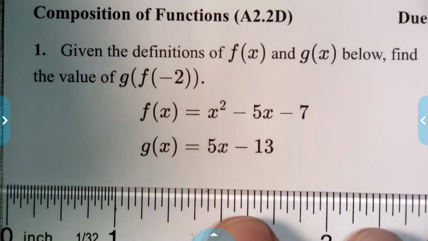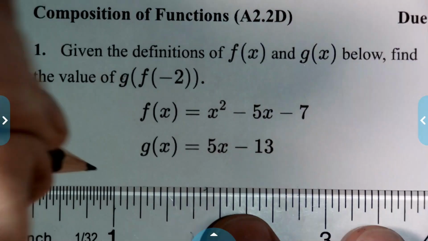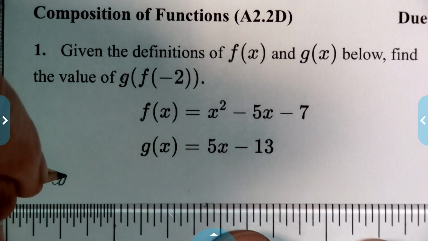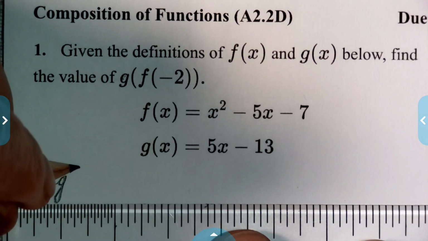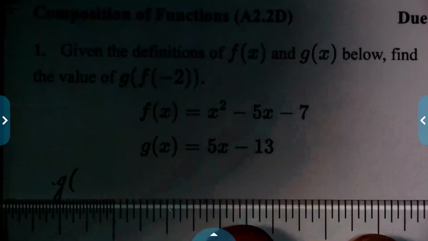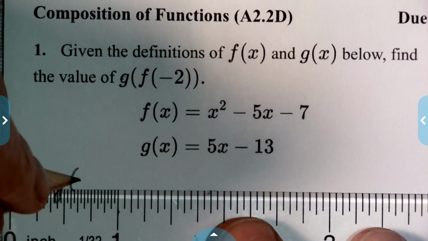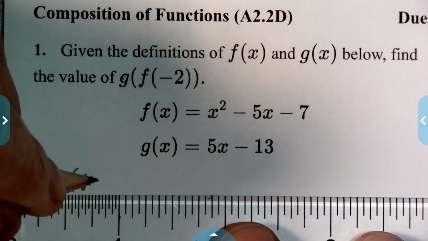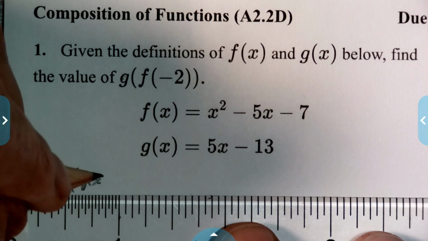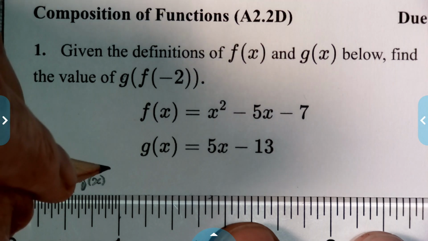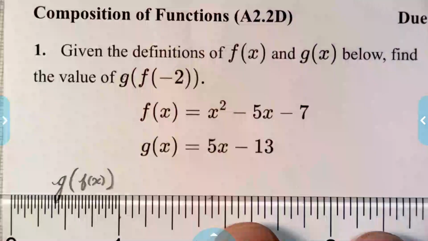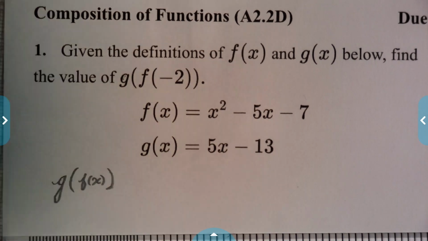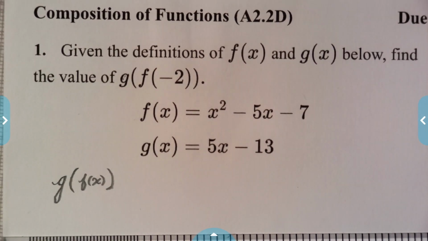So what I'm actually doing is g of, and then in here I'm putting f of x, like that. Okay? And that kind of encapsulates what we're accomplishing here, right?